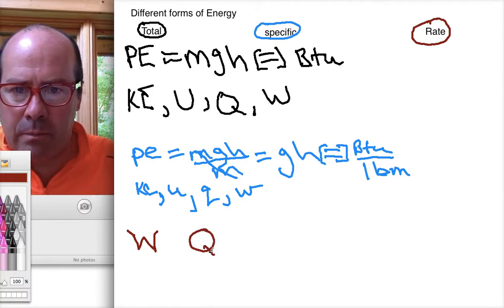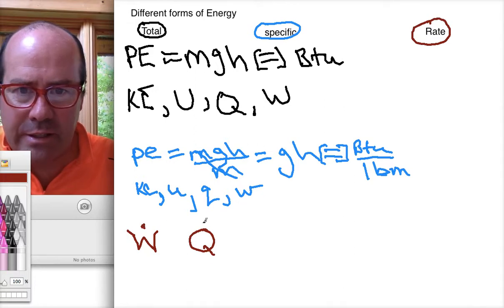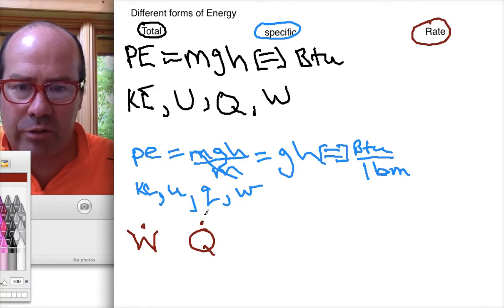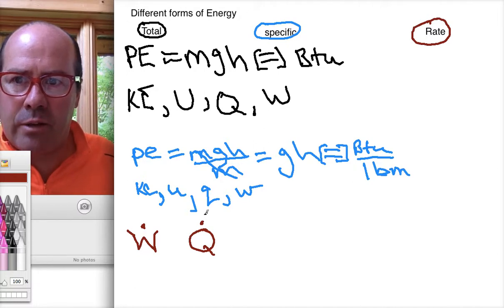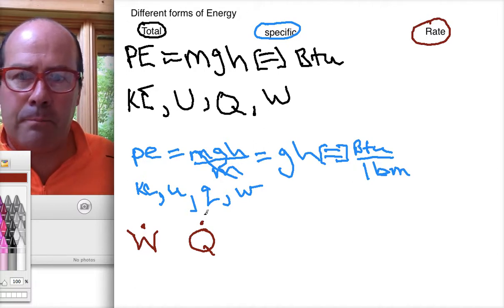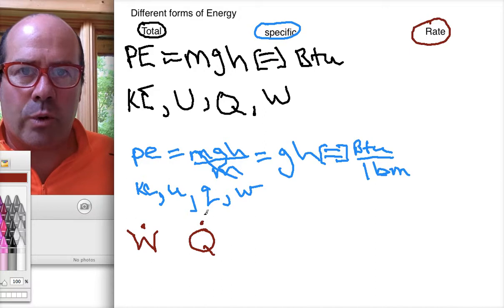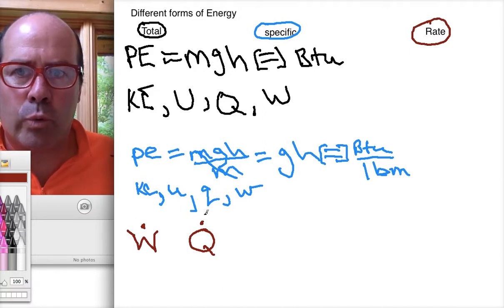And rate is signified by a dot. Now, sometimes in calculus, you will use a dot when you take the derivative with respect to time.